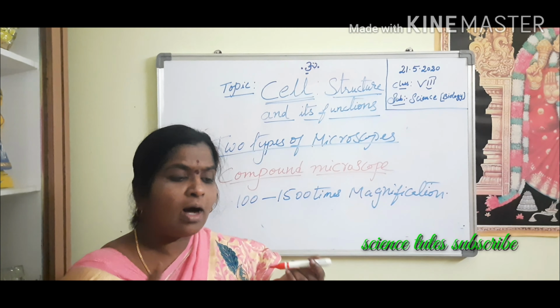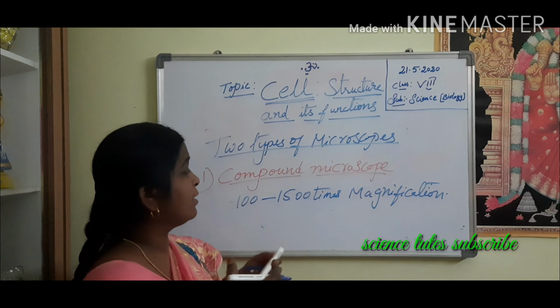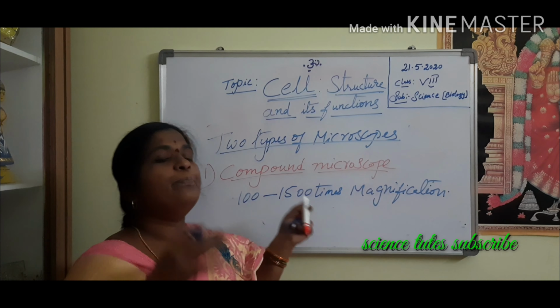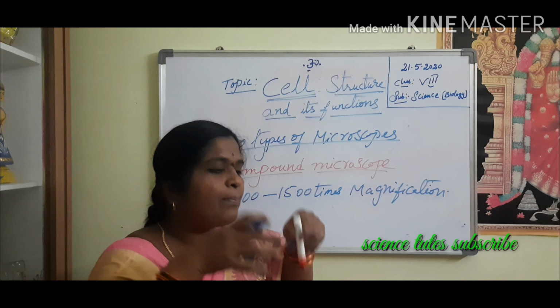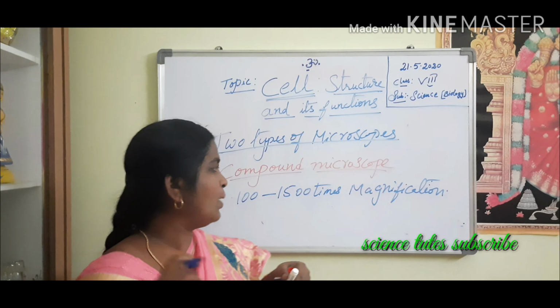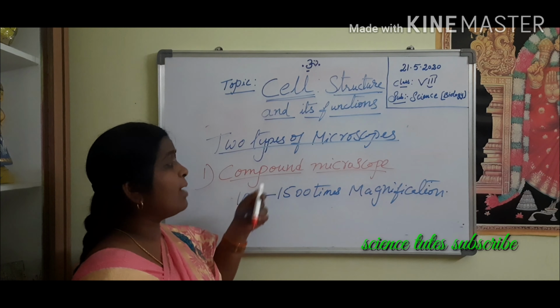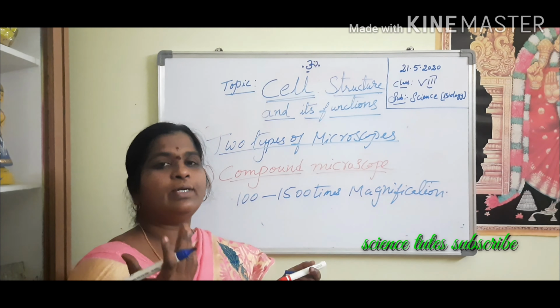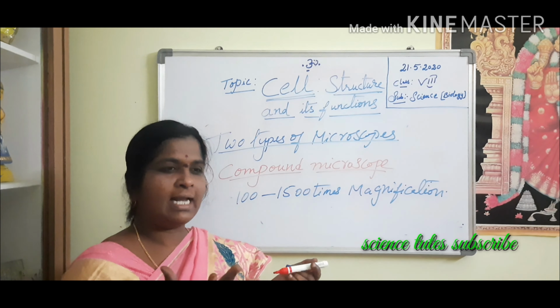If we want to observe it under this compound microscope, we can see it clearly, 100 to 1500 times better. We can observe what parts are there inside. This compound microscope is mostly available in our school laboratories.